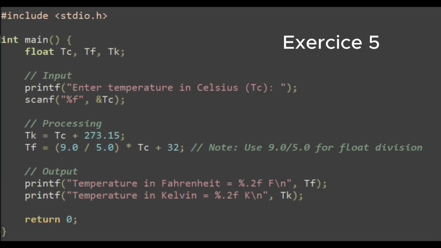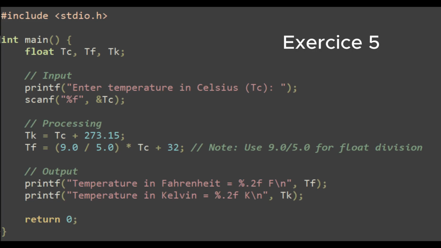Exercise 5. Temperature conversion. Objective: convert Celsius to Fahrenheit and Kelvin. 1. Problem analysis. Inputs: temperature in Celsius, Tc. Processing: Kelvin, TK equals Tc plus 273.15. Fahrenheit, TF equals 9/5 times Tc plus 32. Outputs: display TF and TK.